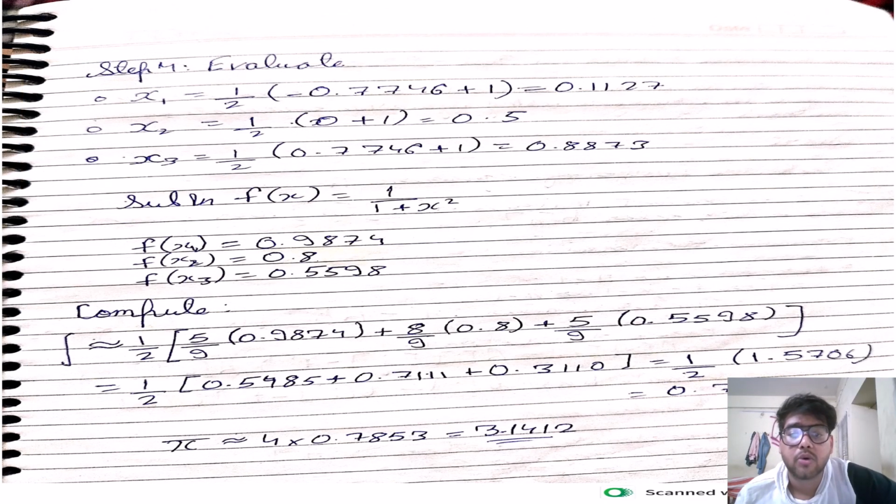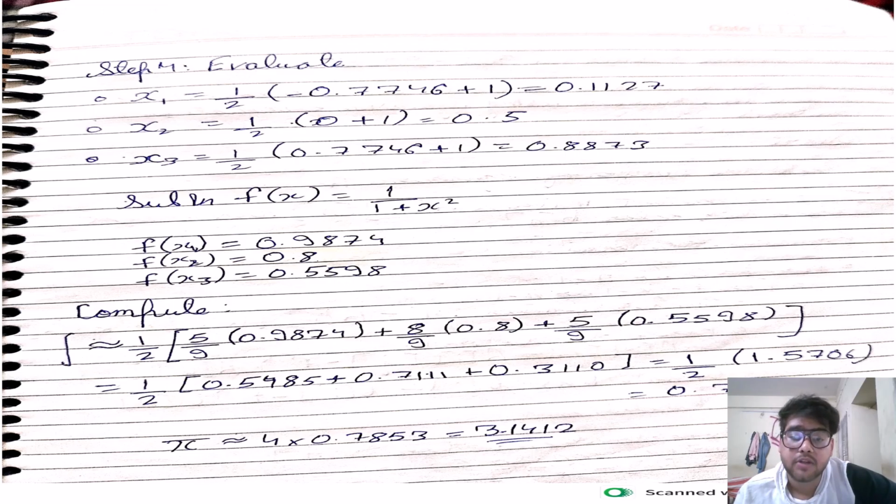So x1 is equal to 1 by 2 into minus 0.7746 plus 1, which will give 0.1127, and that's how we will calculate the values of x2 and x3, which are 0.5 and 0.8873 respectively.